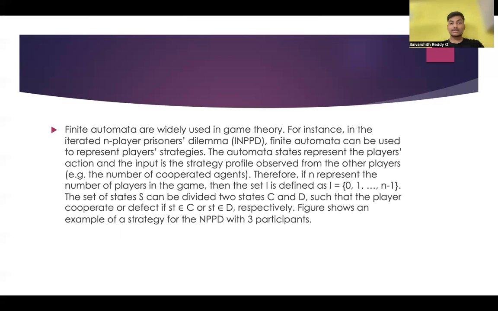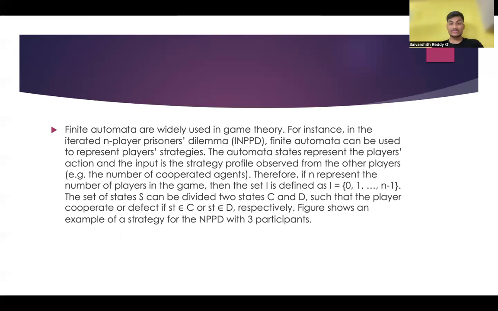Finite automata are widely used in game theory, for instance, in the literature on the n-player prisoner's dilemma. The finite automata can be used to represent player strategies. The automata state represents the player's action and the input is the strategy profile observed from the other players. Therefore, n represents the number of players in the game.